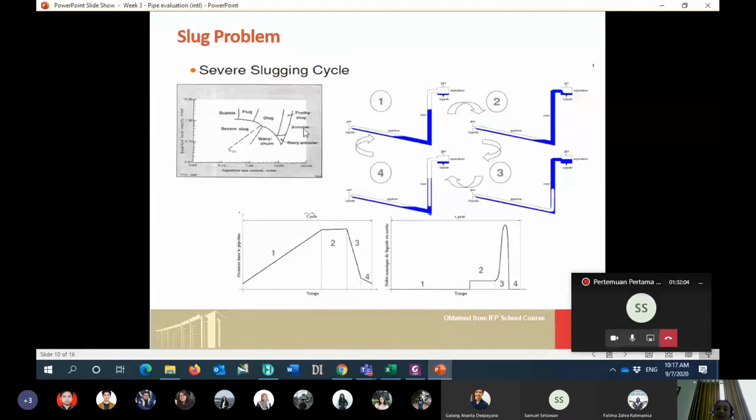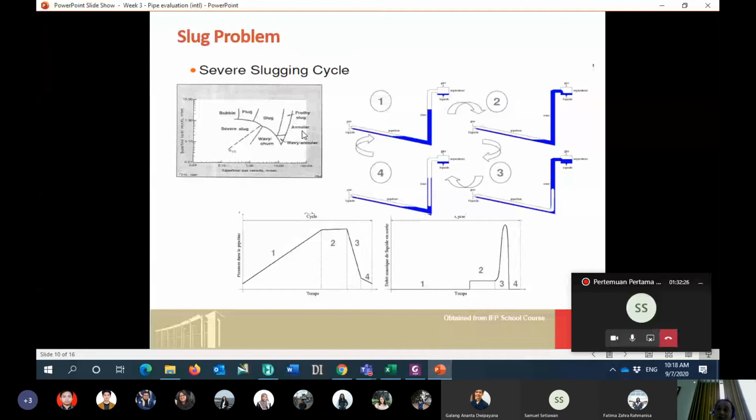Annular means that the phases will be separated. Annular looks like a ring. Inside the pipe, the liquid surrounds the surface of the pipe, but in the middle it's gas. This is one type of annular.